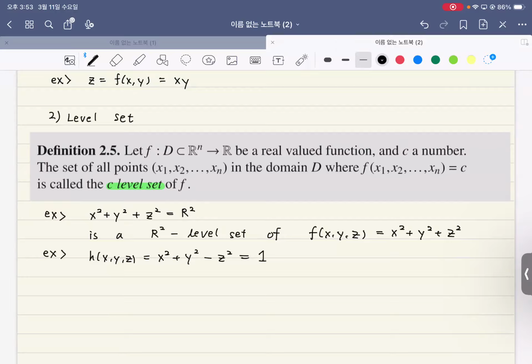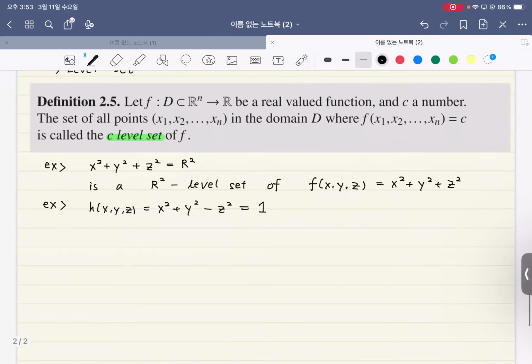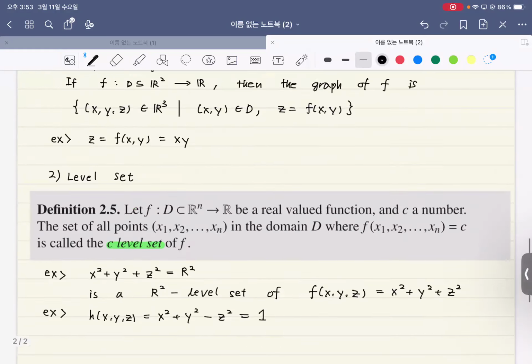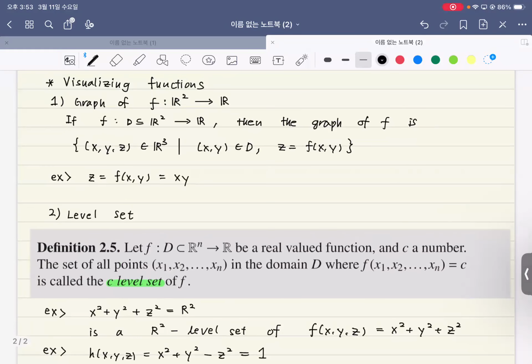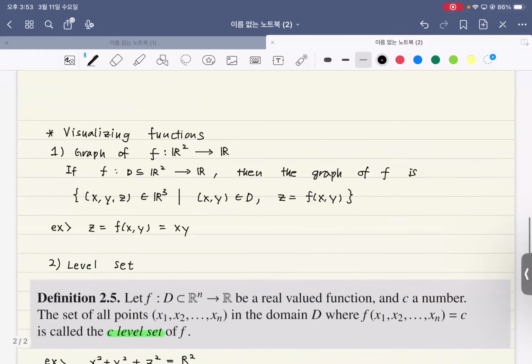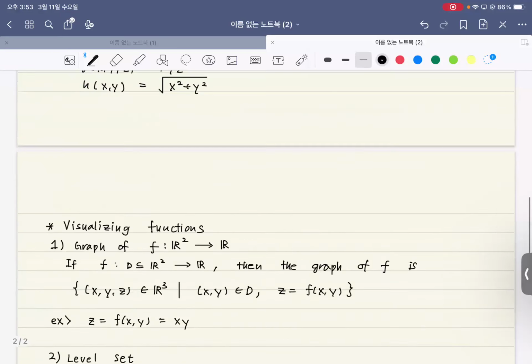Surprisingly, the shape of a nuclear plant is actually some constant multiple of the graph of this function. All right, so these two ways, drawing the graph or drawing the level set, are two typical ways to visualize real-valued functions.